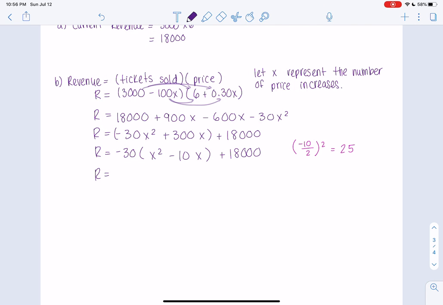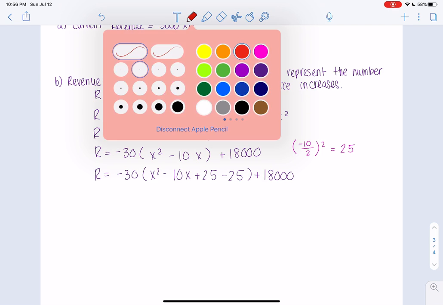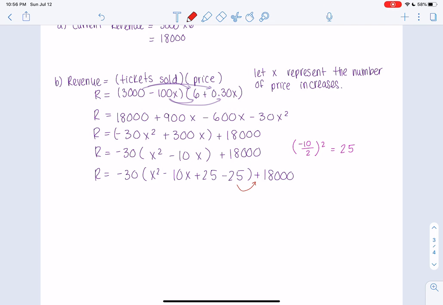So now x squared minus 10x plus 25 minus 25, and that plus 18,000 is still just hanging out on the end. Now I need to get this negative 25 out of there. And remember that that negative 30 is multiplied to everything. So when it leaves, it does need to get multiplied by that negative 30. So we'll have plus 750 plus 18,000.